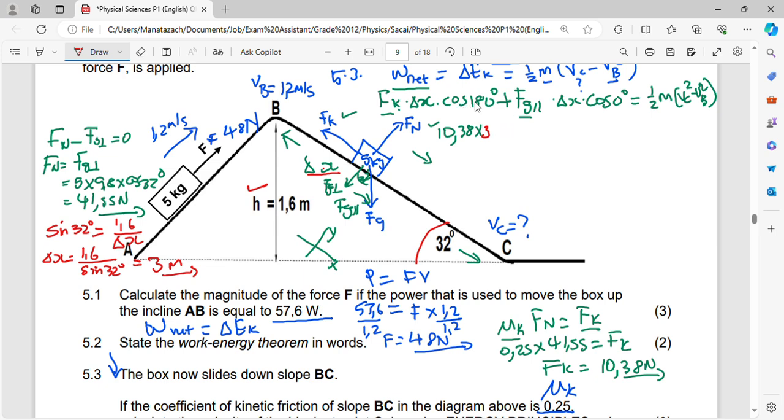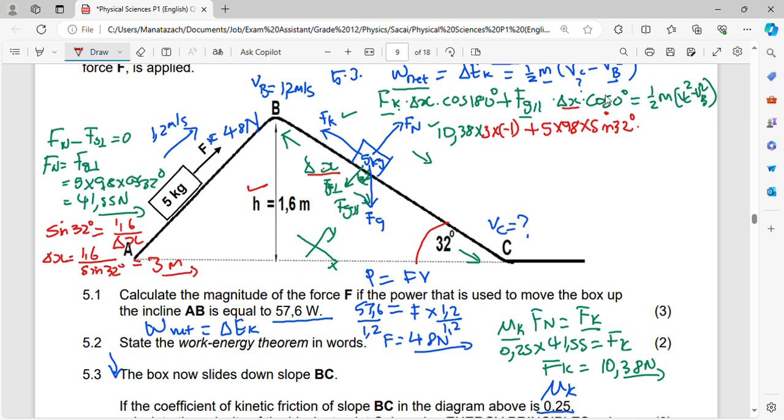And then cos of 180 is just minus 1, right? And then plus Fg parallel is mass times gravity, where the mass is 5, the gravity is 9.8. Since this is the opposite side of the angle 32, I'll use sin of an angle, which is sin 32, and then change in x.